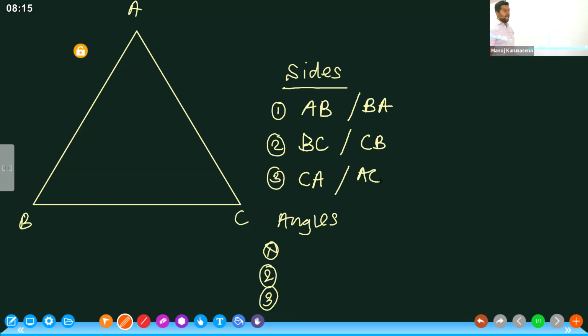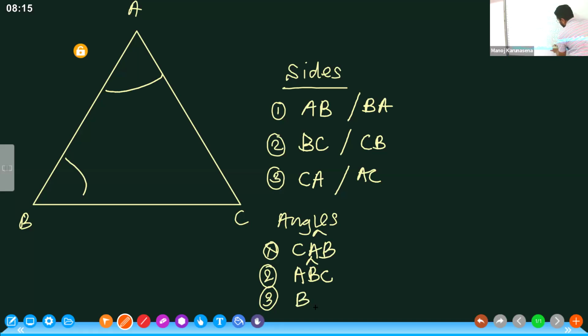And when it comes to angles, yes, there are 3 angles, right? We know how to represent an angle using 3 letters, right? So this angle A, we can name it angle CAB. And the next one, we can name it angle ABC. Next one, angle BCA.